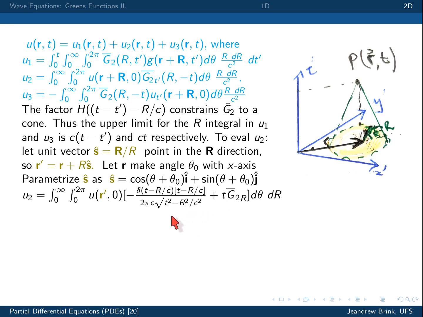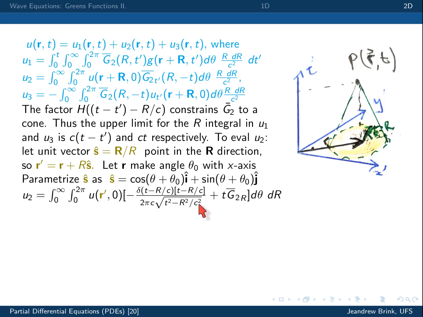And you then also have this delta function, which is equal to the delta function of t minus r over c times 2 pi c, the square root of t squared minus r squared over c squared.